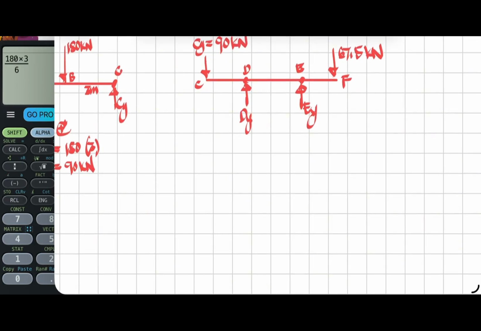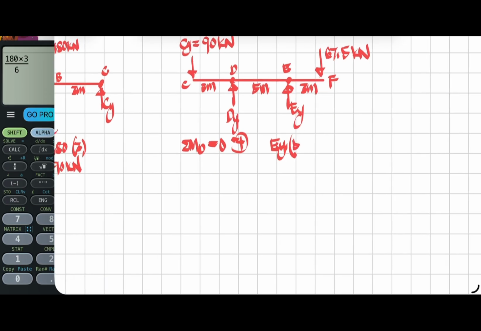Let's solve for EY first, summation of moment at D equal to 0. Say counterclockwise positive. So we have EY. This is 3 meters, 5 meters, and 3 meters.